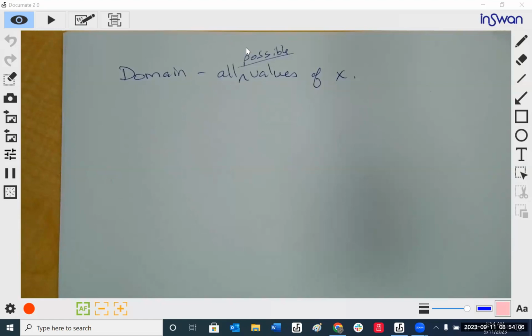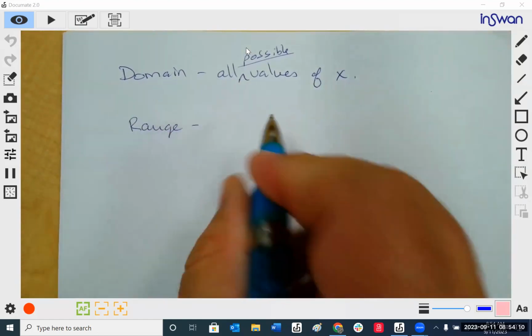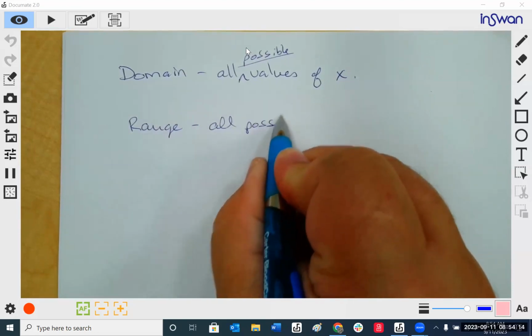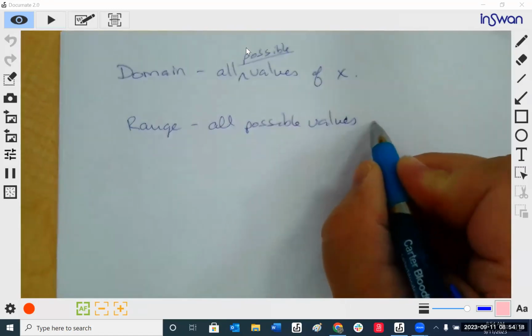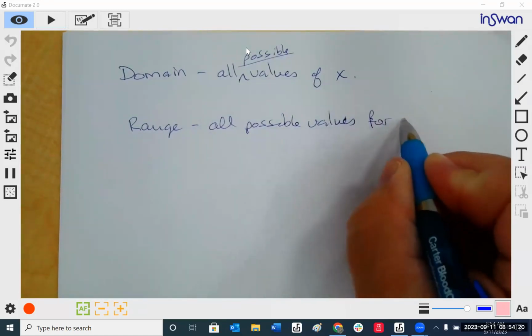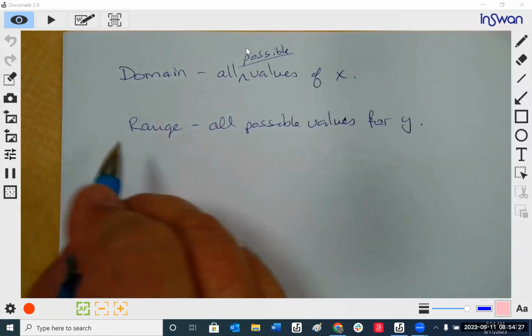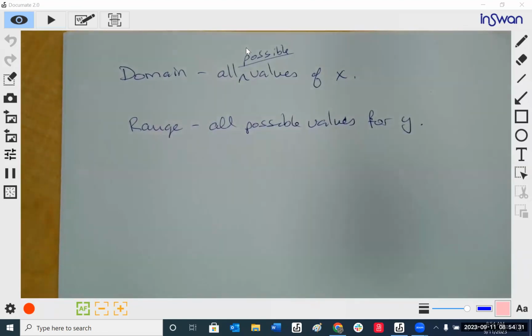You can only use a certain subset. And the range, all possible values for Y. Yeah, we'll find them later on.